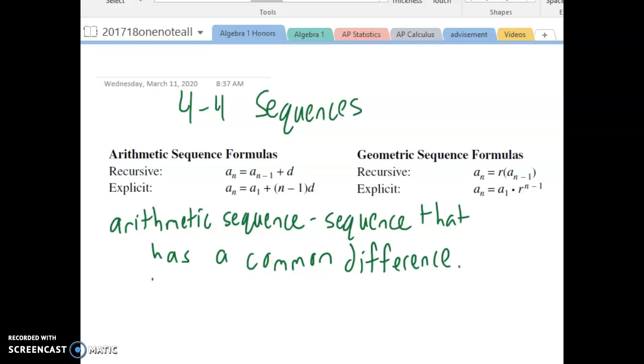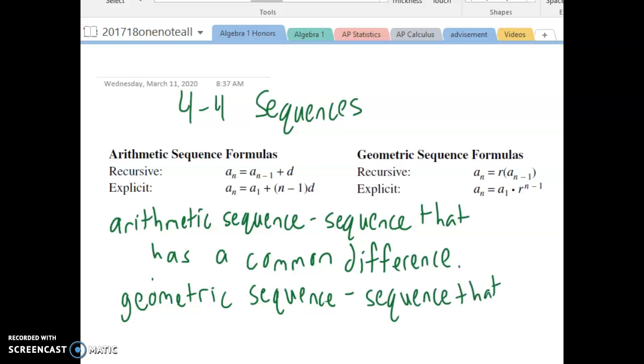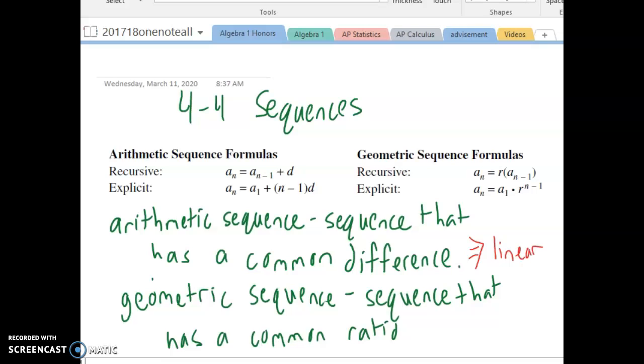So, geometric sequences are defined by a common ratio. So, an arithmetic sequence is like a linear function, and a geometric sequence is like an exponential function.